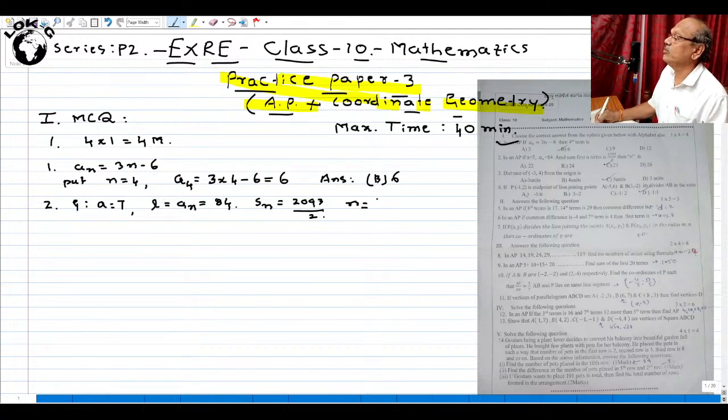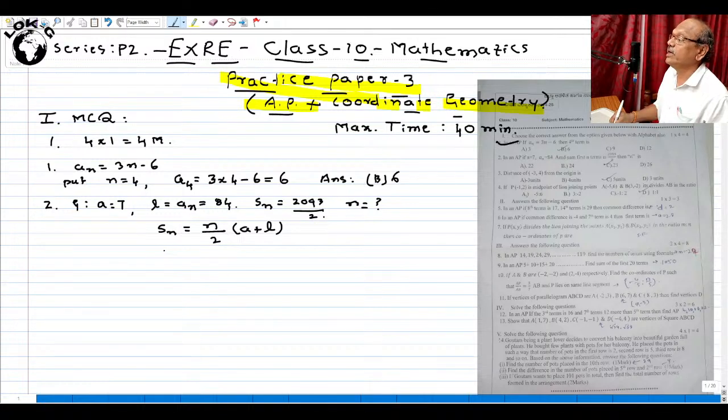Okay, quickly we'll solve it. What is the formula to get the sum of n terms of an AP? Recall, we revised in the last class. There are 2 formulae for S_n. Use the formula n by 2 into bracket a plus l, where l is the last term.